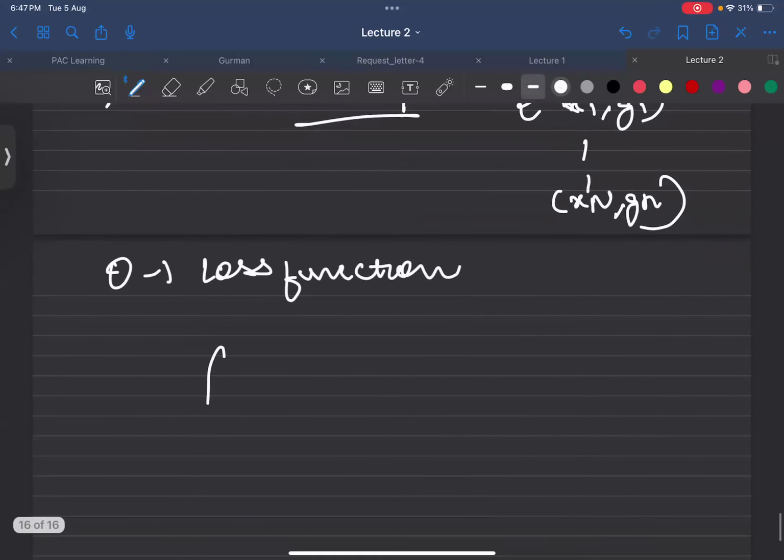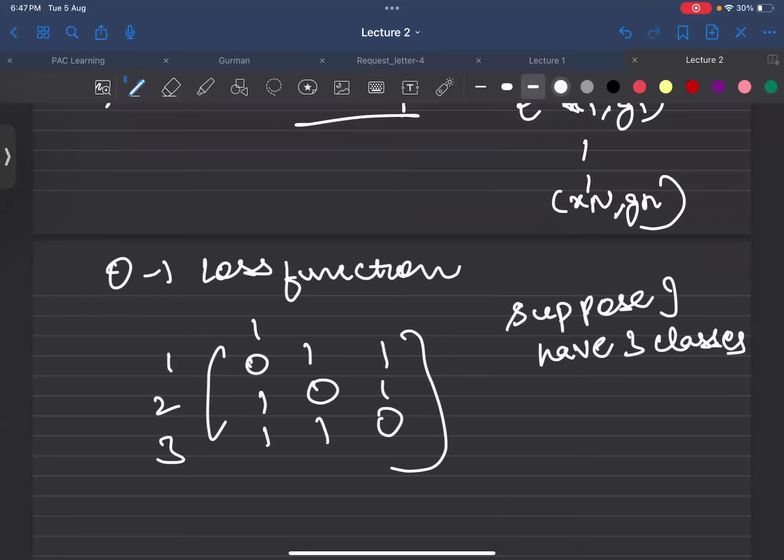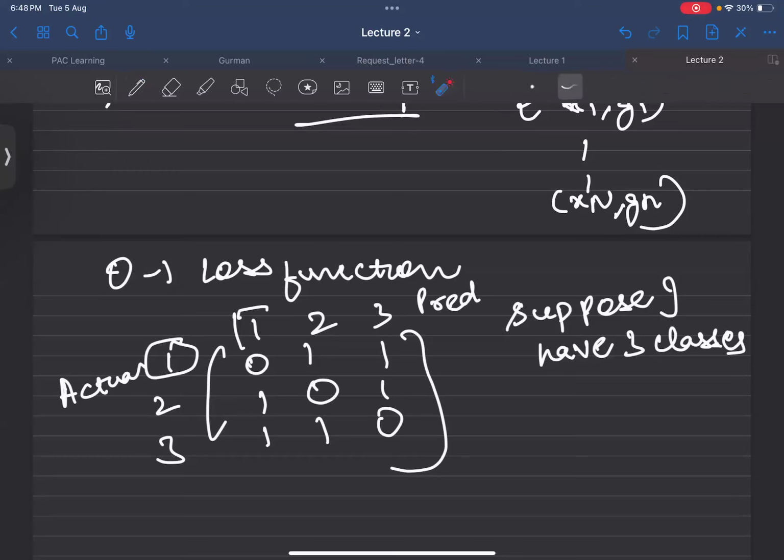The zero-one loss function has zeros on the diagonal. I'll tell you why; I'll try to explain it in a very simple way. Suppose I have 3 classes. If my actual output equals the predicted one, then I have no loss.